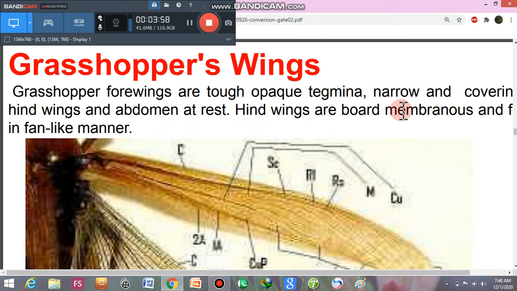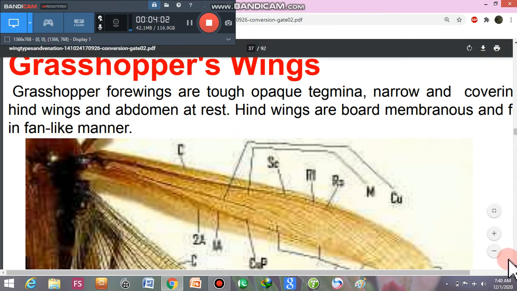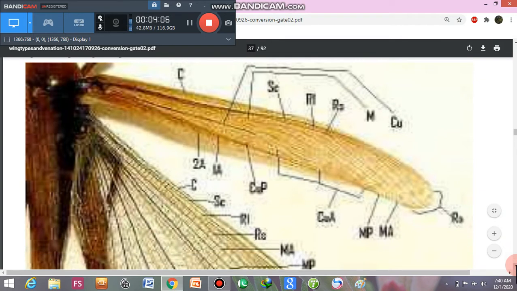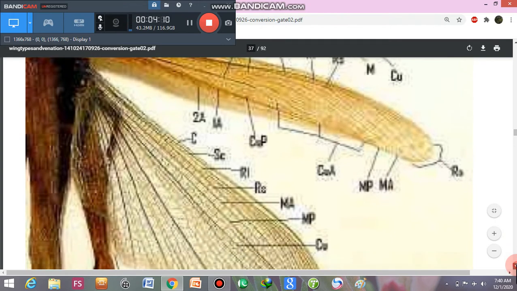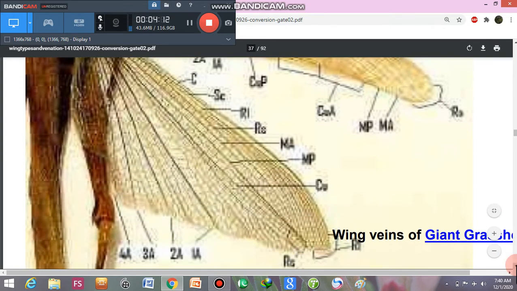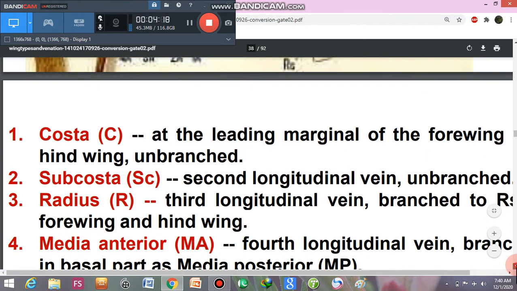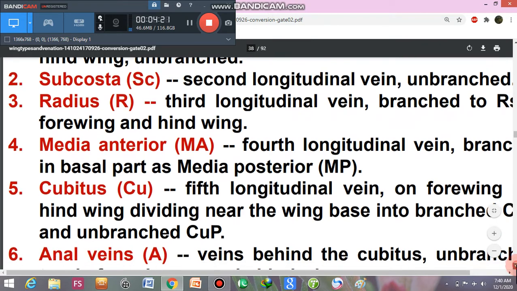Hind wings are broad, membranous, and folded in a fan-like manner. Here you can see the wing of the grasshopper, various veins. You have to cram the names of these veins in each insect. This is a further description of the veins.